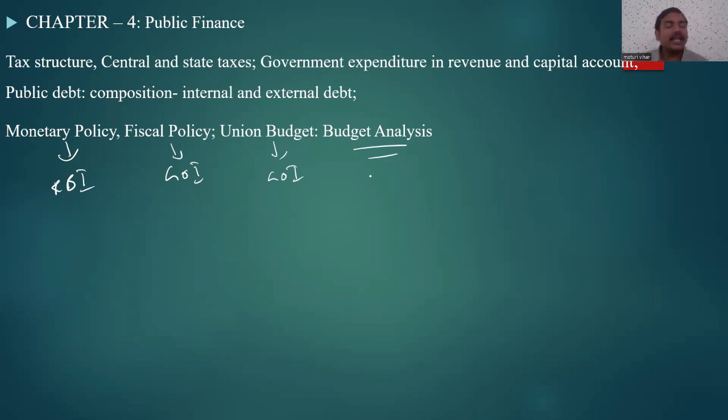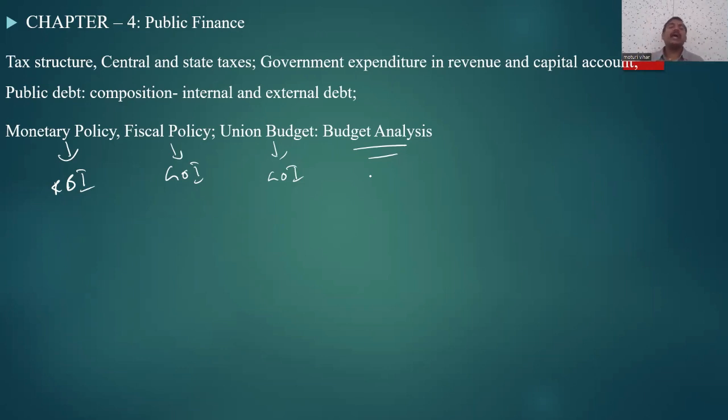So we'll try to focus on what the taxes are, how the government is getting the income, how the government is distributing the income to the states, how the government is taking loans, what the process of taking a loan is, how much internal loans we have, and how much external loans we have.